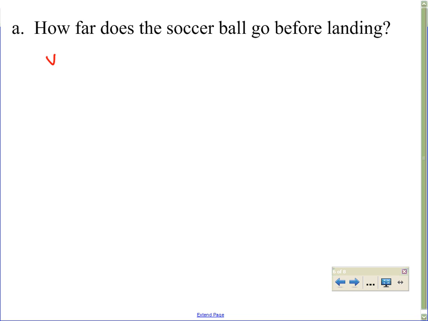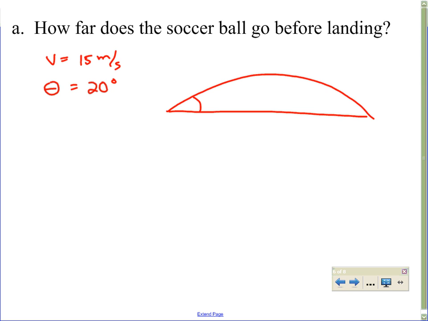So let me just write, velocity is 15 meters per second, and the angle is 20 degrees in this problem. Our soccer ball's being kicked like this. Here's the 20 degrees, and we're looking at 15 meters per second is tangent to where the ball was kicked. All right, that's V. Not Vx, not Vy, it's just the initial velocity.